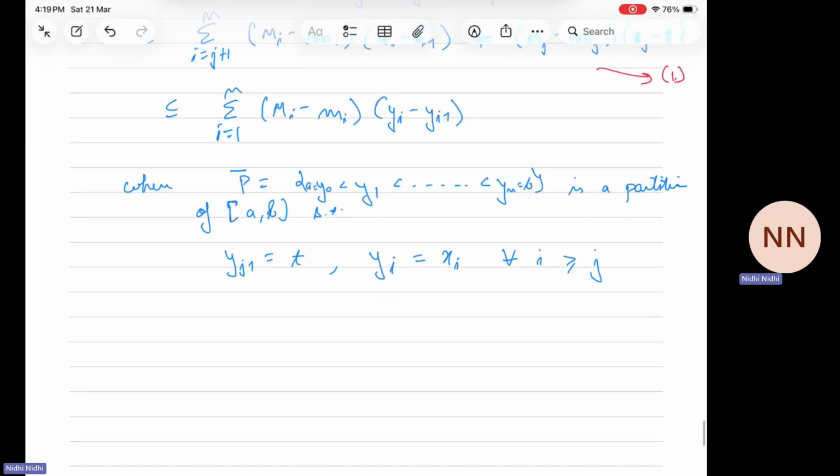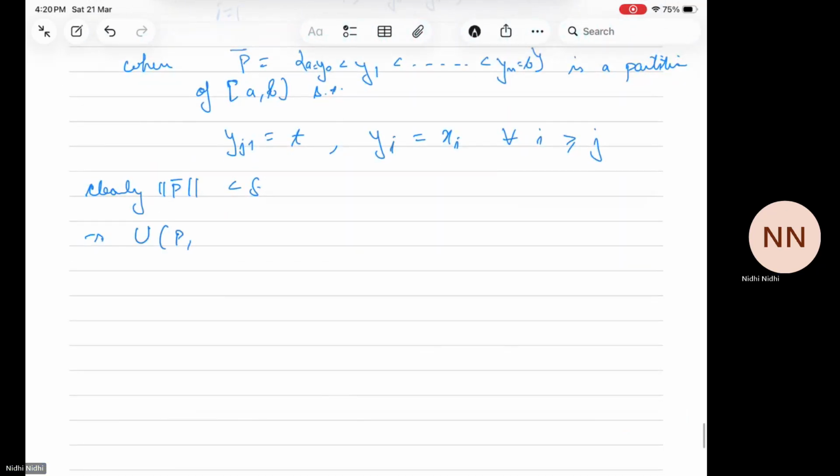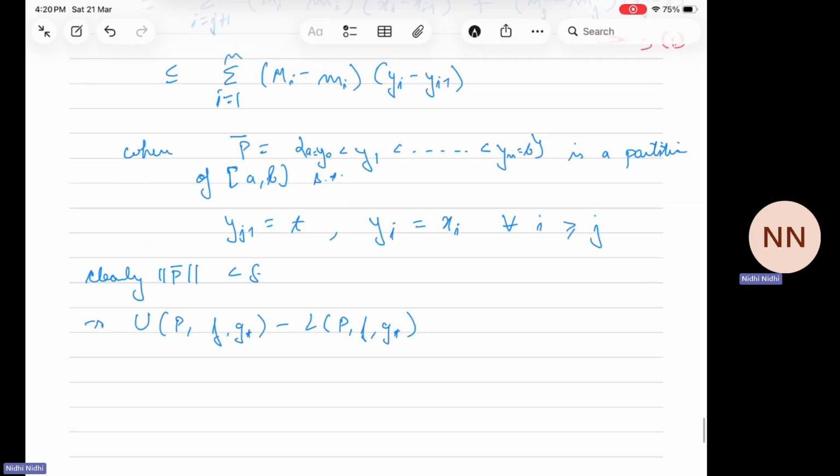So clearly, since the norm of the partition P bar is less than delta, we get U(P, f, g_t) minus L(P, f, g_t) is less than or equal to the summation i from 1 to n of (M_i minus m_i)(y_i minus y_{i-1}).